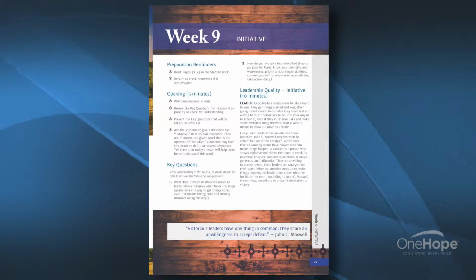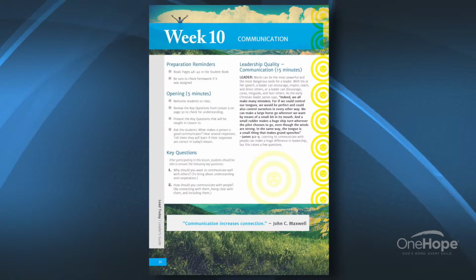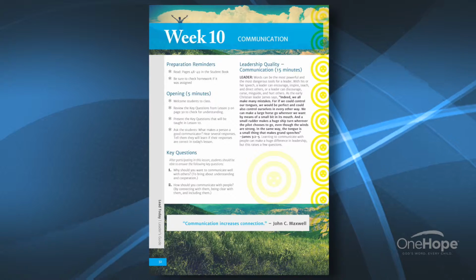Showing initiative means taking action when necessary in order to get things done and done well. To have initiative, you must live intentionally, purposefully. You must be focused.